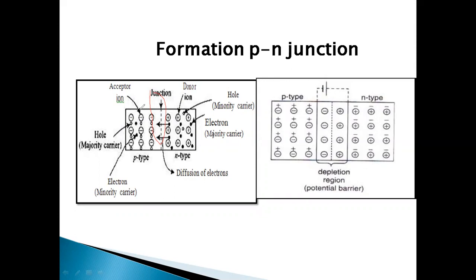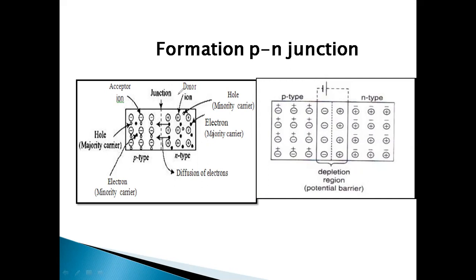Here on the P side, the majority charge carriers are holes, which technically are called acceptors. On the N side, you may have an excess number of electrons, which in technical terms we can call donor ions.